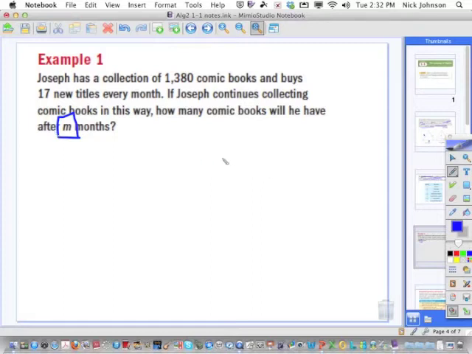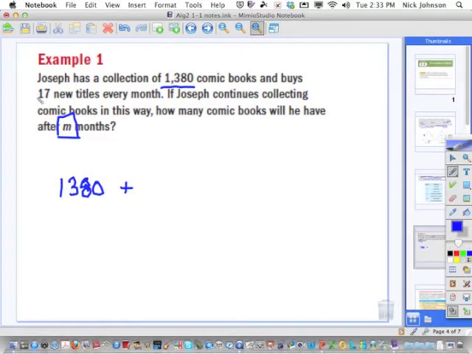So I always start out with what I start with. I started with 1,380 comic books. Did I gain or lose comic books? Well, it says I buy, so I assume I am gaining. So if I am gaining comic books, I am adding to my 1,380 books I already had.